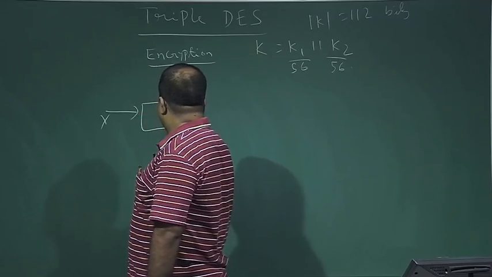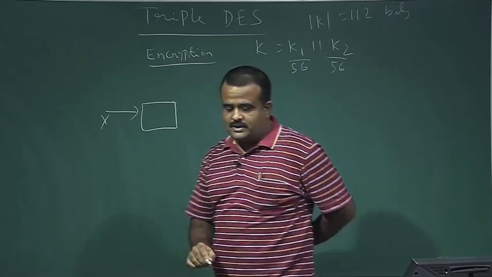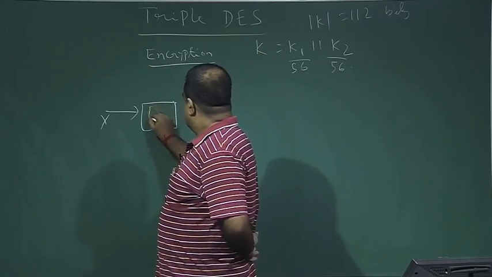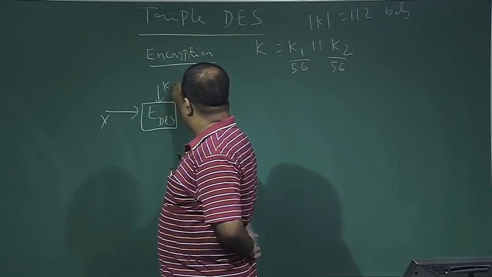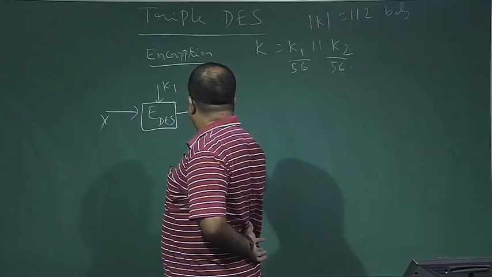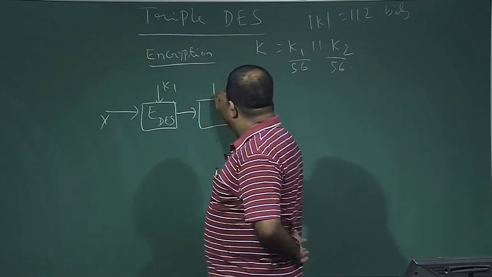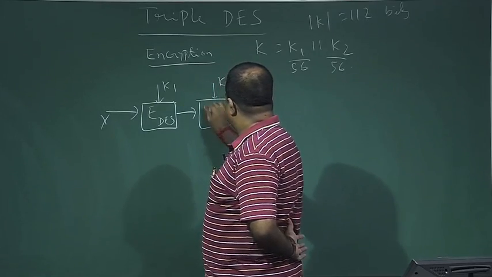Now we apply the DES encryption with the key K1, followed by a decryption of DES.